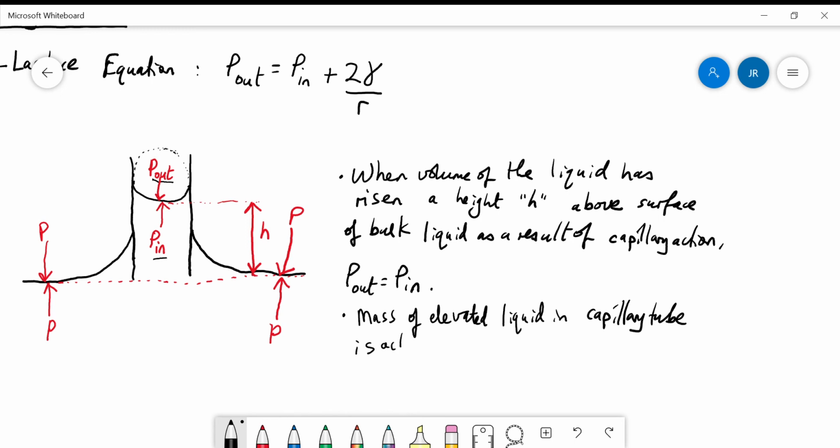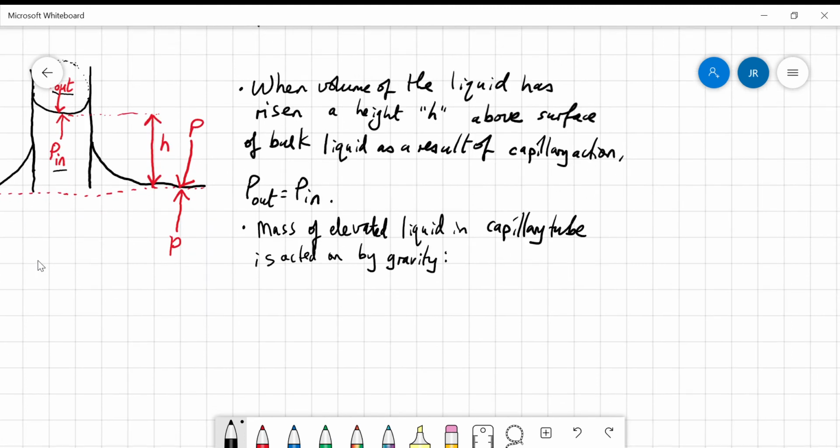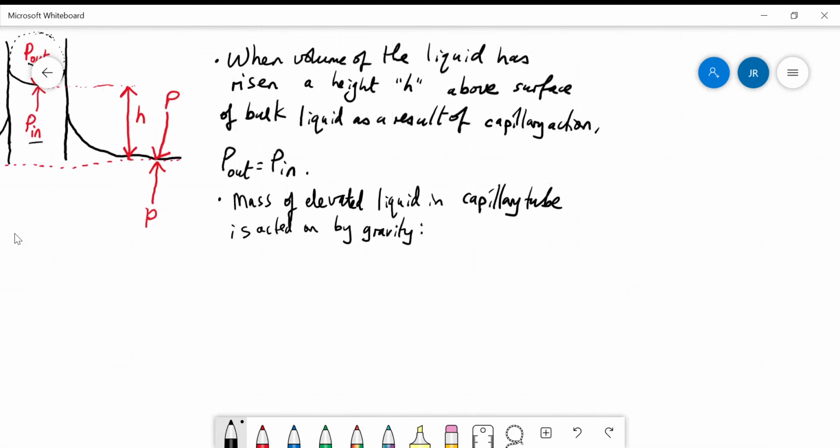Is acted on by gravity, and we know we're just going to look at Newtonian gravity here. So we know that force is mass times acceleration, where if we're interested in gravity, then the acceleration is g, the gravitational acceleration of our planet.